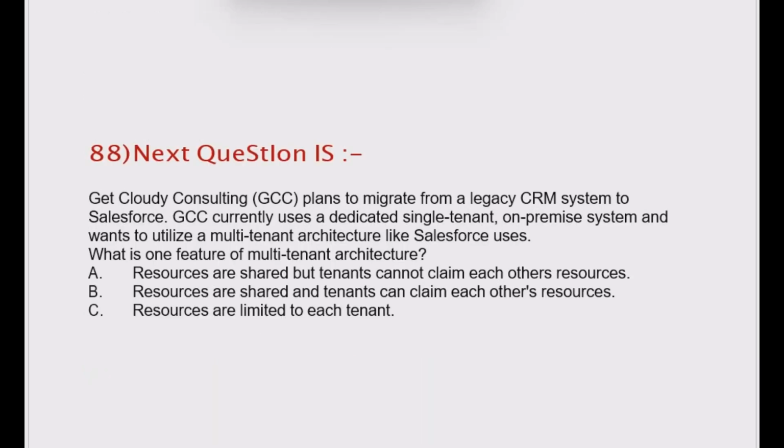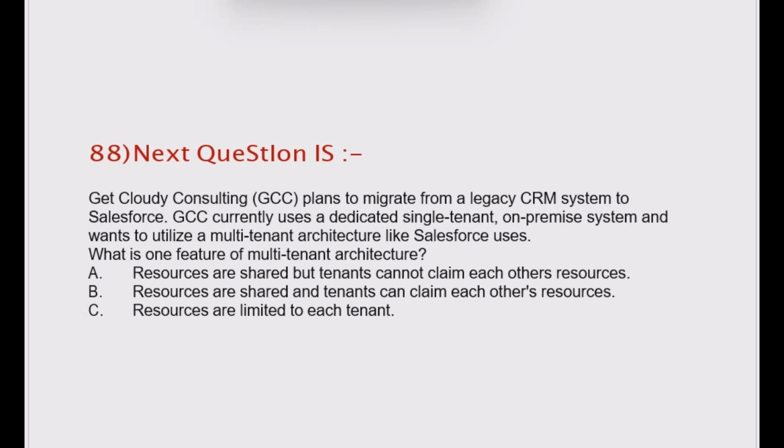Question is, Get Cloudy Consulting GCC plans to migrate from a legacy CRM system to Salesforce. GCC currently uses a dedicated single-tenant on-premise system and wants to utilize a multi-tenant architecture like Salesforce uses. What is one feature of multi-tenant architecture?